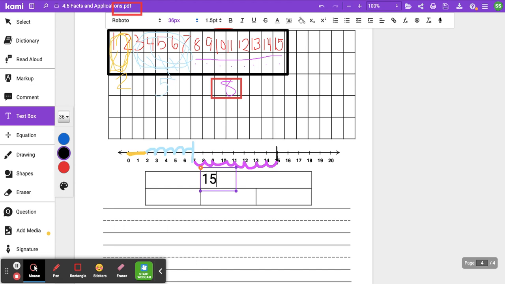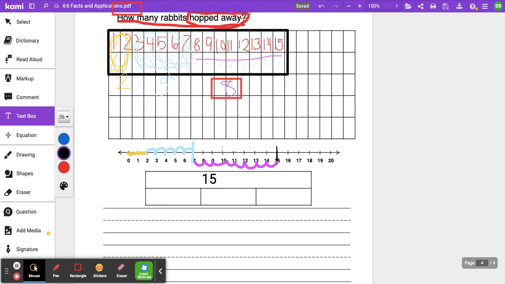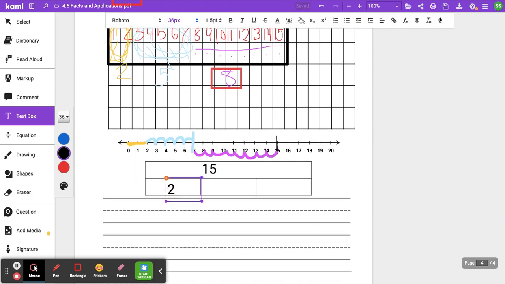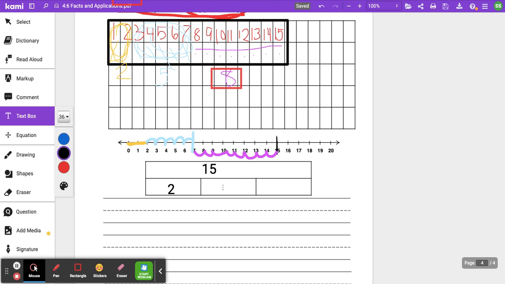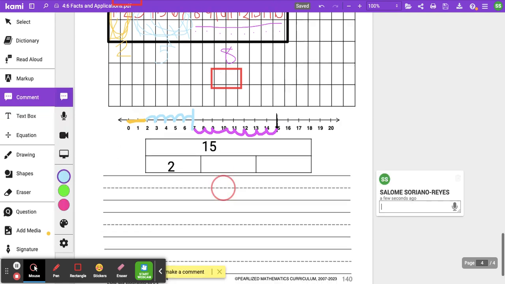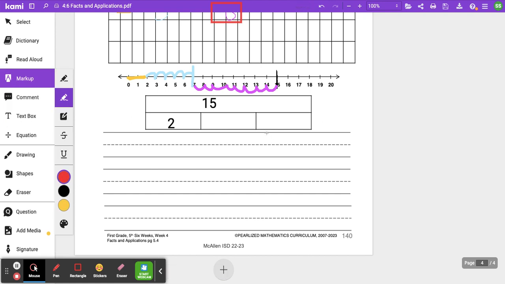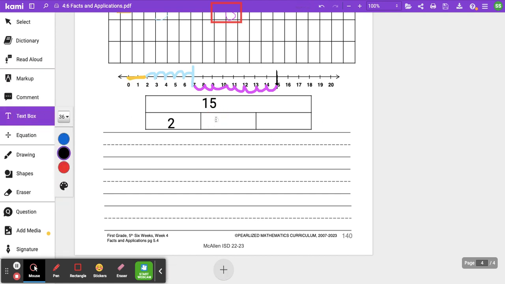Okay, let's fill in the part holes. There were 15 rabbits in all. The first group was sleeping. 2 were sleeping. 5 were eating.